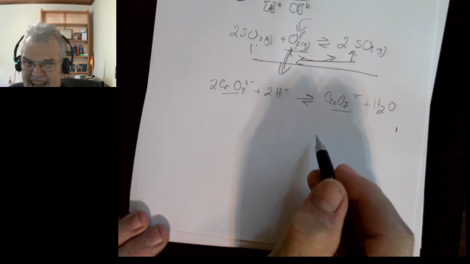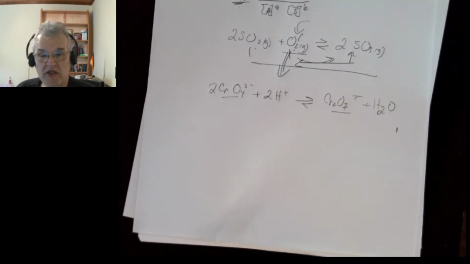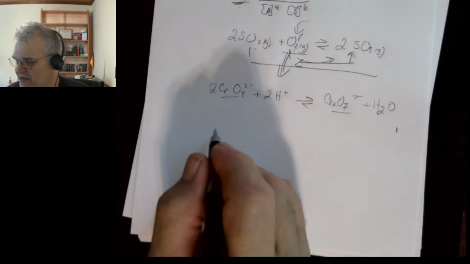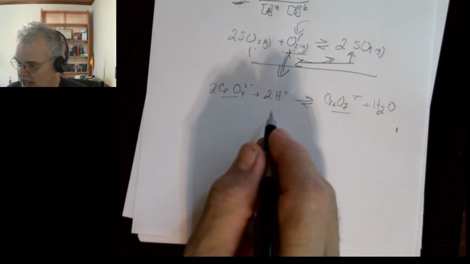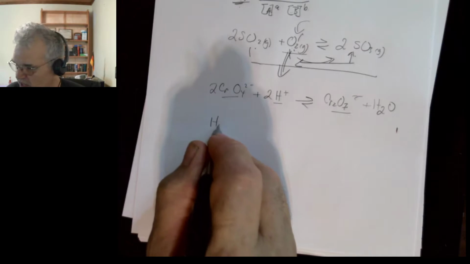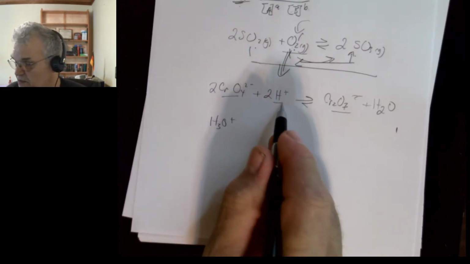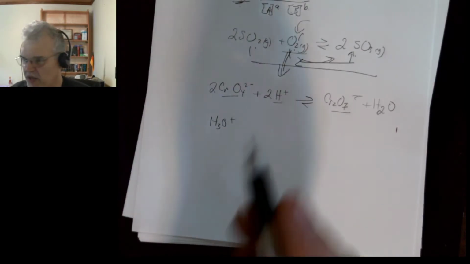So what would happen if I added an acid to this system? Well, what's an acid? You should have hopefully learned that. An acid you can think of as something that produces hydroniums. In this case, I've written it as H+. Technically in water, it's always going to be H3O+. You don't have bare protons in water. But for simplification here, we'll deal with it like that.